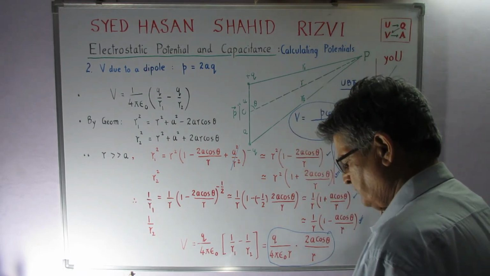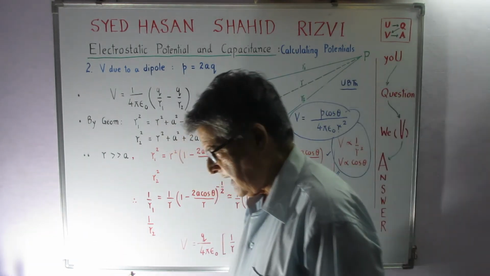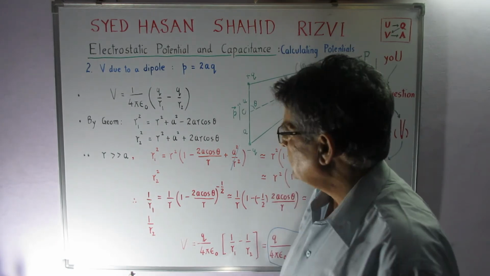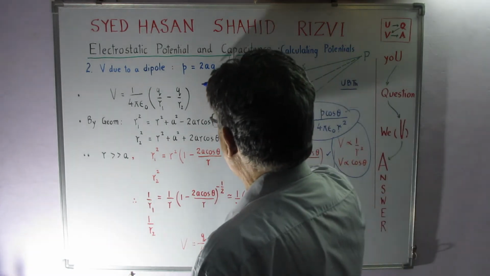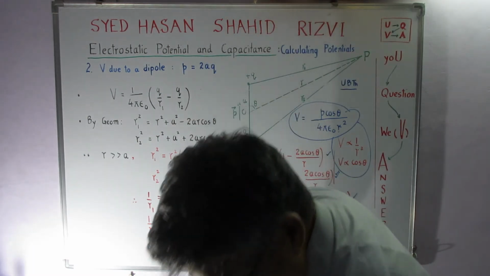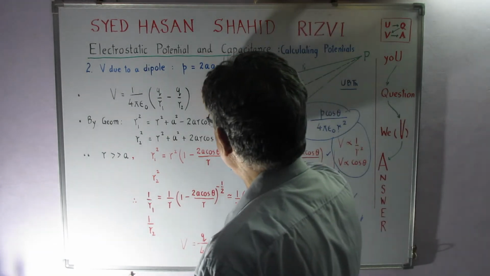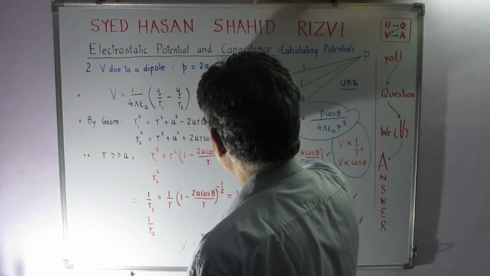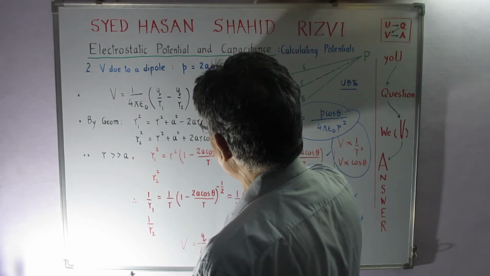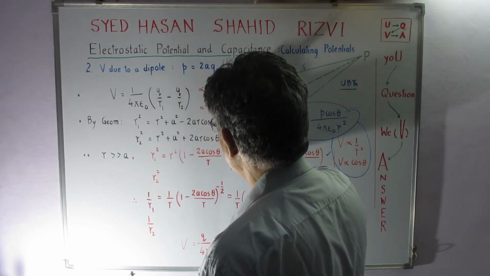Now remember, go back to the case of the electric field due to a dipole, and there we obtained a proportionality with 1 upon R cube. But this time, in the case of potential, the proportionality is 1 upon R square.